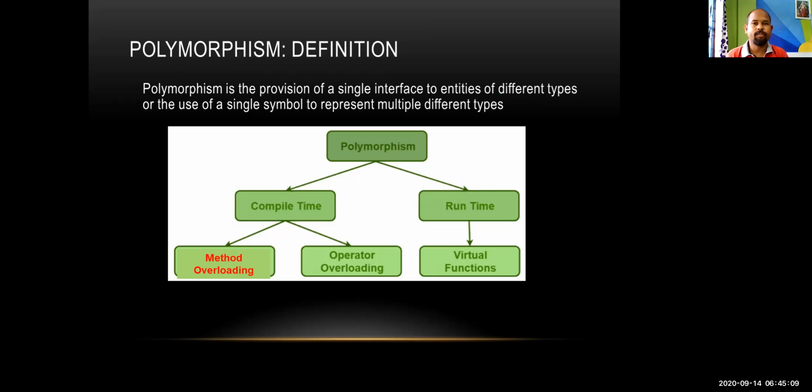There are two types of compile time polymorphism: method overloading and operator overloading. In runtime polymorphism, there is only one branch, which is virtual function, or in Java, we can say virtual methods.